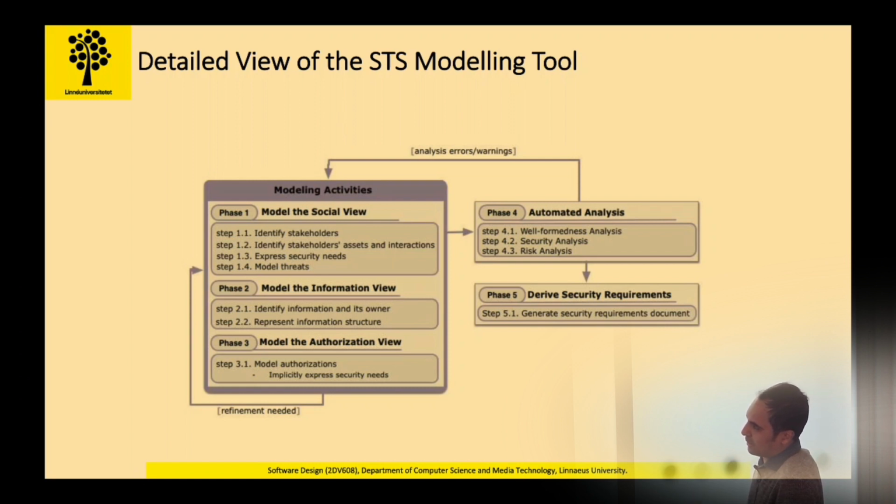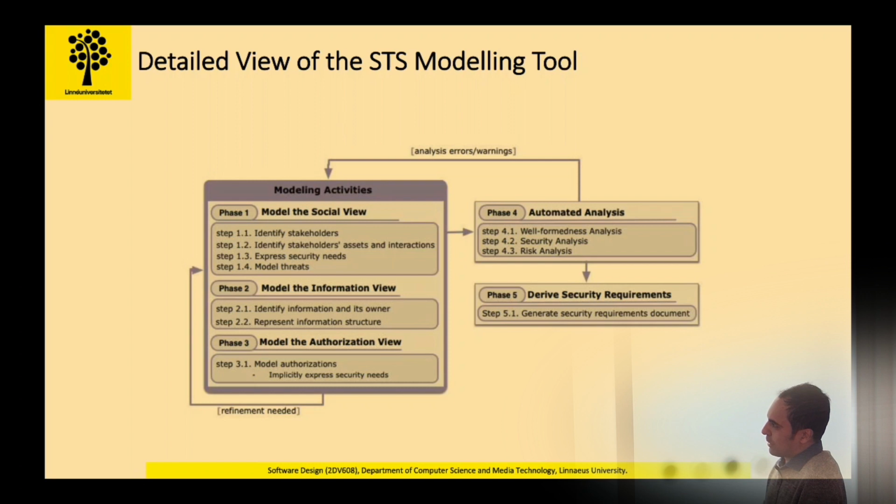So you cannot mention 2 security needs that are contradicted. That will be checked in the security analysis part, and this is the main part of this modeling tool. And then there is also risk analysis. Since we are mentioning different threats or risks here, that will also be analyzed: which part of the model or system is more vulnerable.